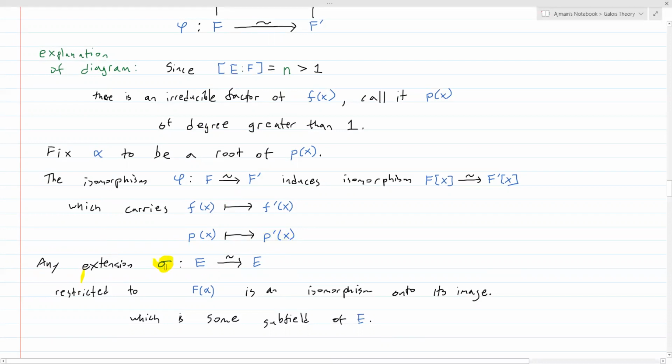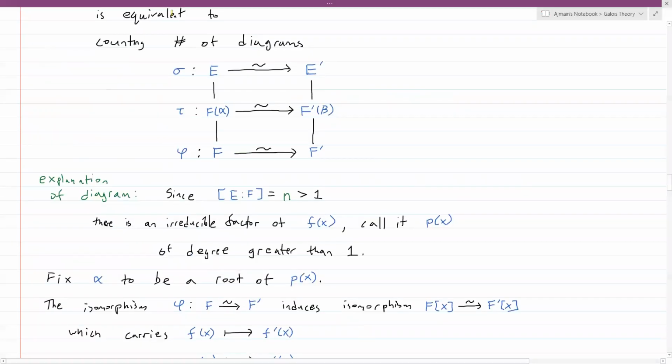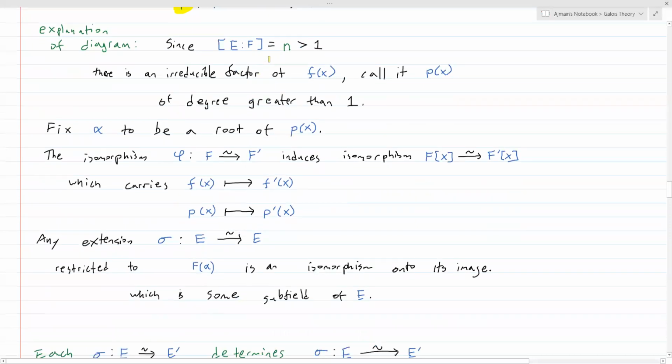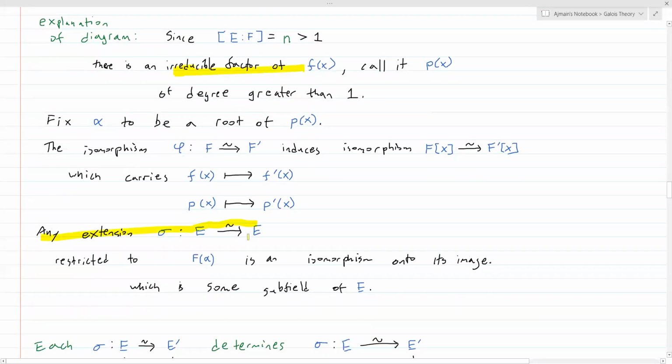Now at this step we're going to care about sigma, which is an extension of phi to the isomorphism between splitting fields. So any extension sigma restricted to F adjoint alpha, where alpha is this fixed root of p of x, is an isomorphism onto its image, which is some subfield of E prime.